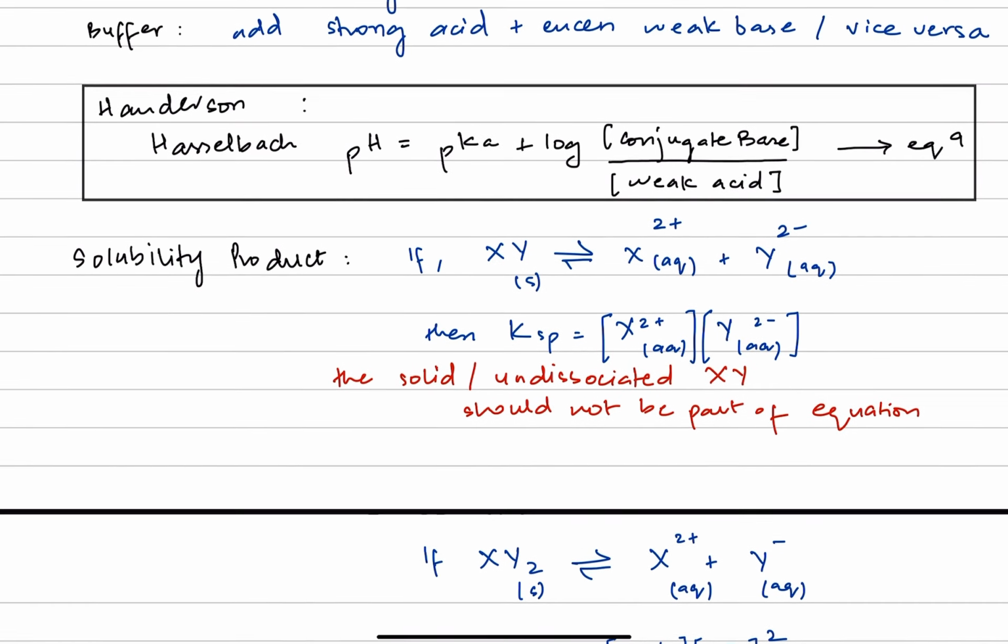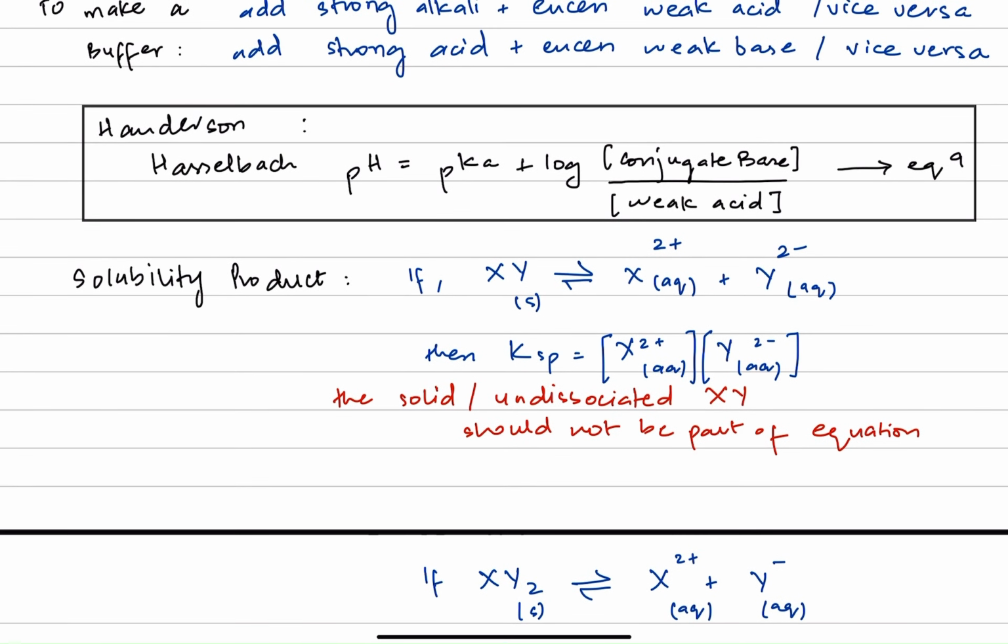Then we have solubility product, which works for sparingly soluble salts in water. Solubility product is when a salt is in equilibrium with its own ions dissolved in the aqueous state. In order to find the Ksp, we take the product of the ion concentrations at equilibrium in a saturated solution.